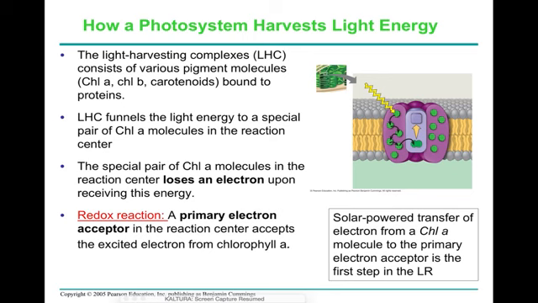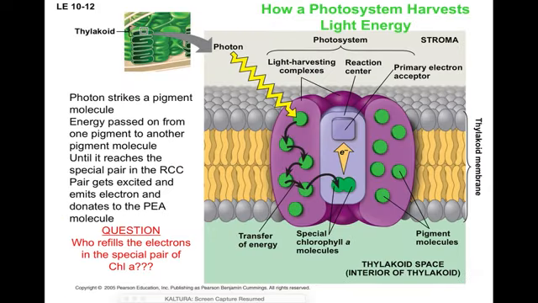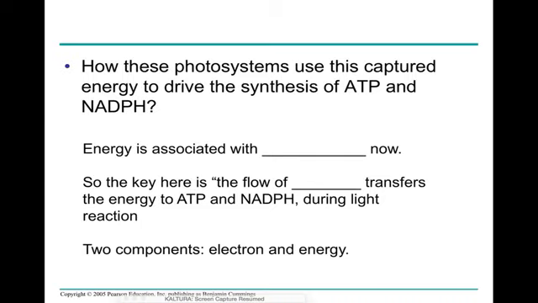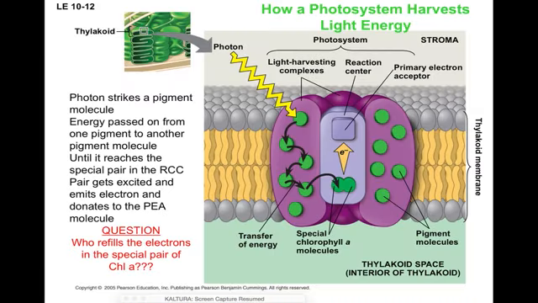But during this process, proton motive force has created some ATPs as well. So this is a process that I explained, how a photon strikes the chlorophyll molecules, and how the special pair of chlorophylls will shoot out the electrons, energized electrons, and the primary electron acceptor accepting it, and all that.